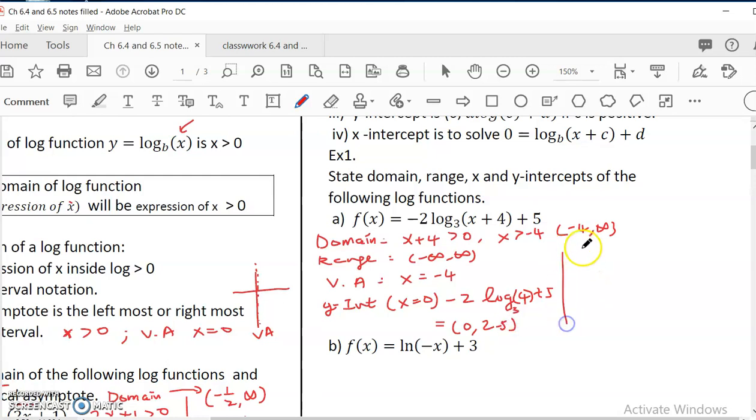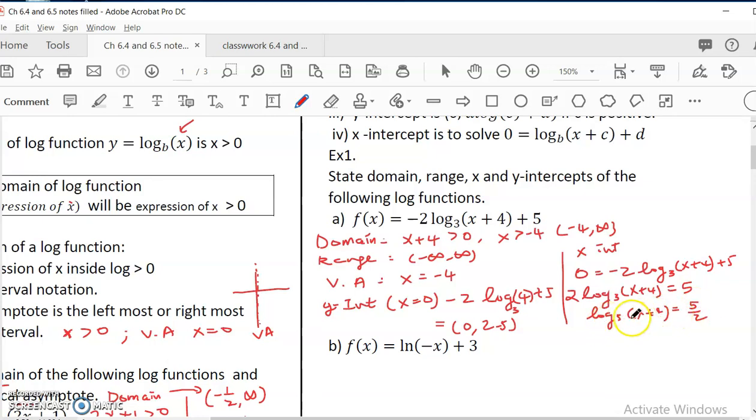What about the x-intercept? The x-intercept is to solve y equal to 0. So you say 0 equals negative 2 log base 3 of x plus 4, plus 5. You move this whole thing over, so it is positive 2 log base 3 of x plus 4 equals 5. To solve it, divide by 2, so log base 3 of x plus 4 equals 5 over 2.